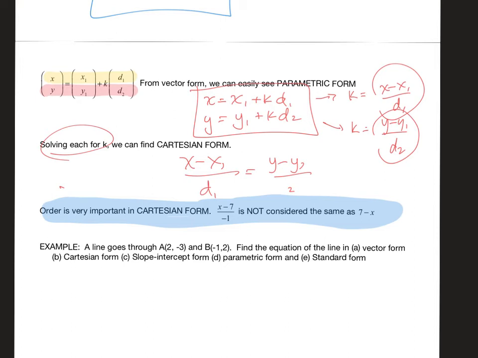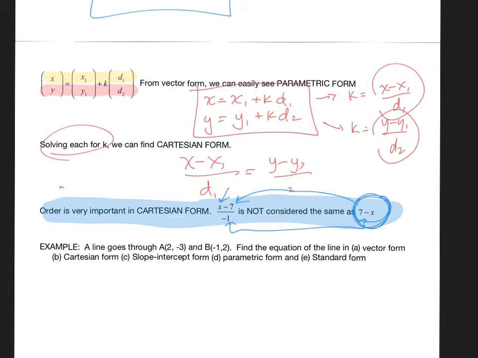You have to have the x or the y or the z, whatever one we're talking about, it has to come first. So even though algebraically these two expressions are the same, in Cartesian form, if you're given this, you're going to be required to change it into this first, or you end up with negative errors, and it's just sort of a mess.